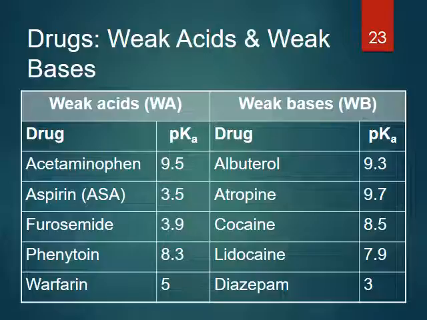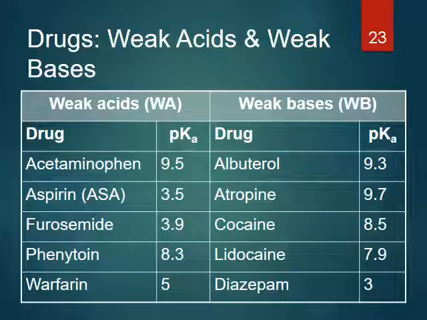And remember that in general, it's easy to remember that like dissolves like. So if a drug, say something like acetaminophen, has a pKa of about 9.5, when it's at a pH of 9.5, it's going to be 50% ionized and 50% unionized. We're going to want to tip that to a point where it's going to be more in the unionized state, in which case it's going to be better absorbed.